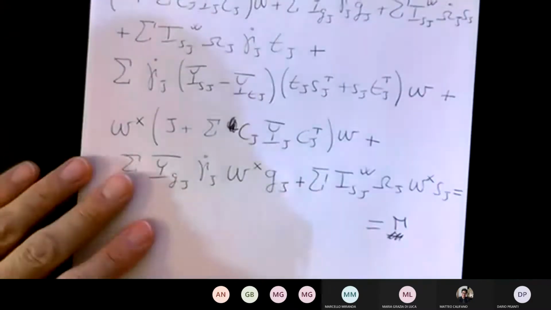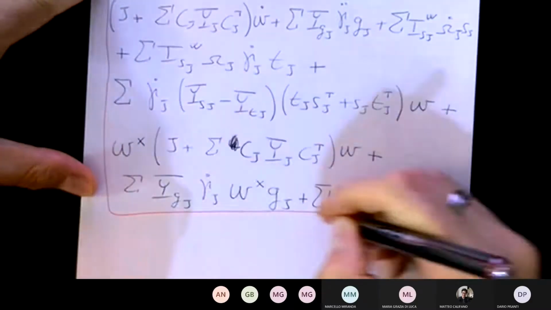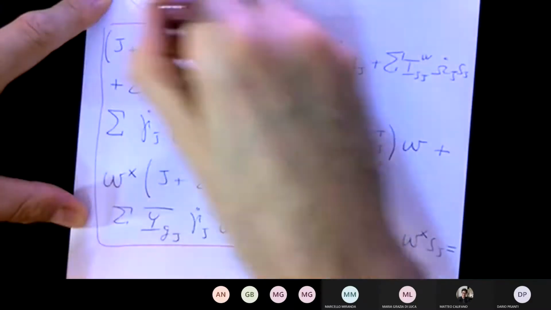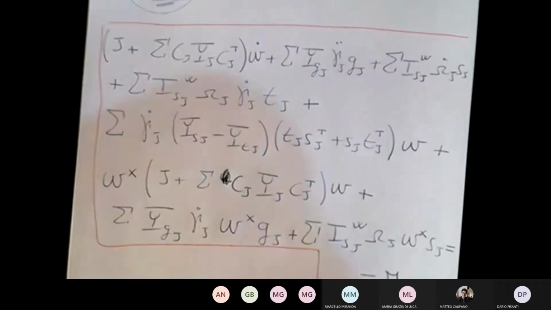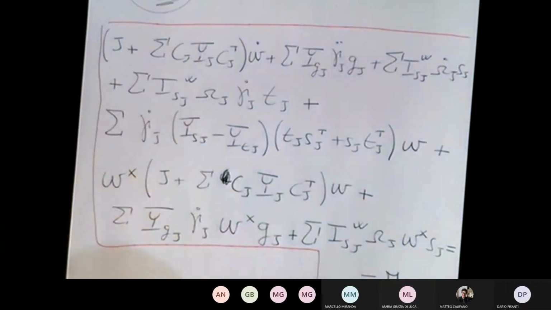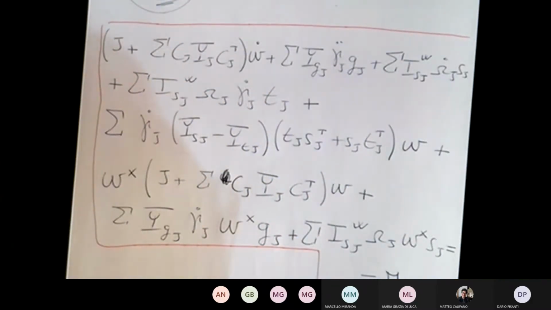Anyways, these are your general equations of motion, the kinetics of a rigid body that is mounting momentum exchange devices whose gimbal angle can change, and also the rotation of the wheel can change in terms of its rate.